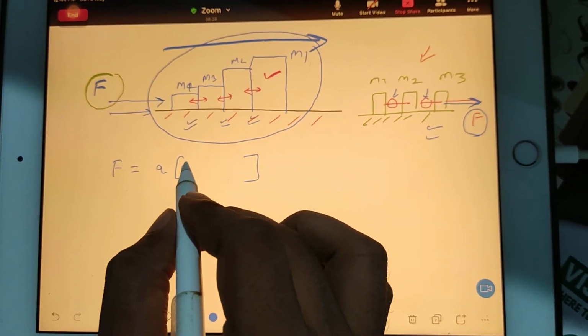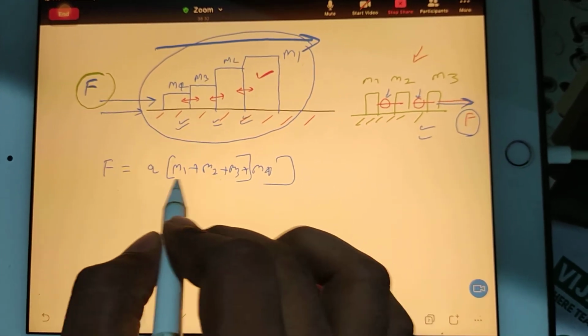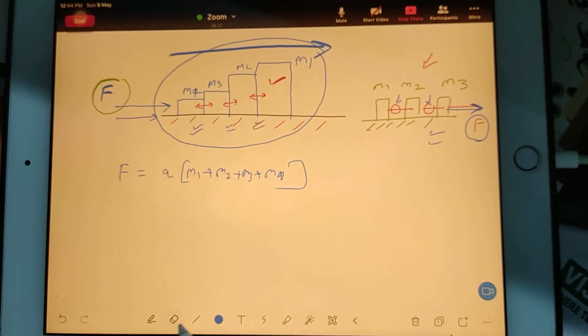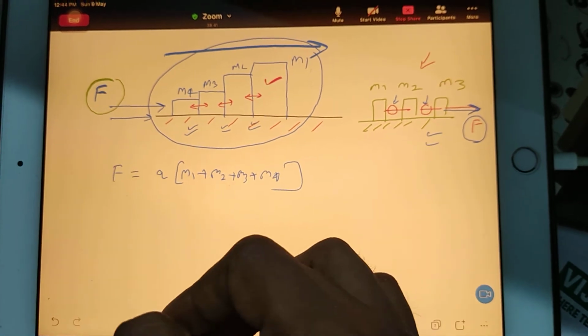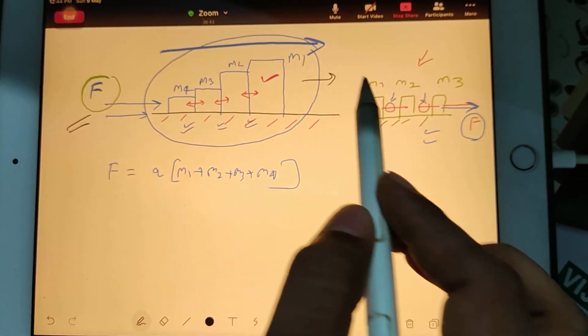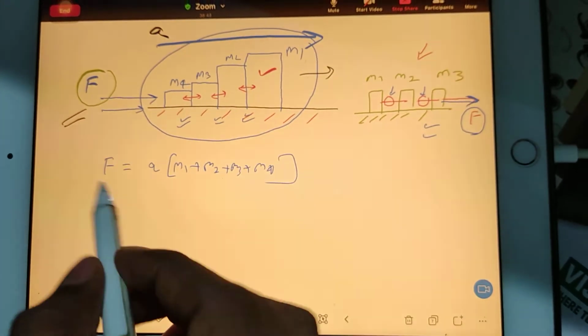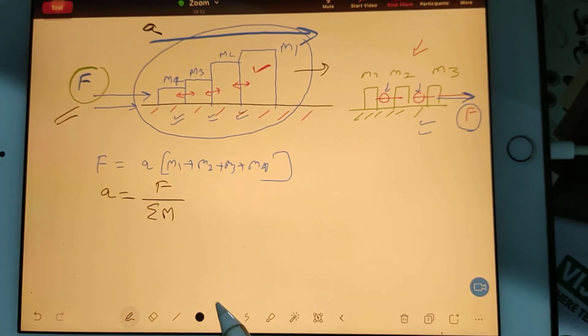So you add all the masses here, m1 plus m2 plus m3 plus m4. All the masses together are experiencing the force F. This force F is pulling all the masses in this direction, so they all have a common acceleration. That acceleration is a, and we can find it by F divided by the summation of all the masses. Now you understand.